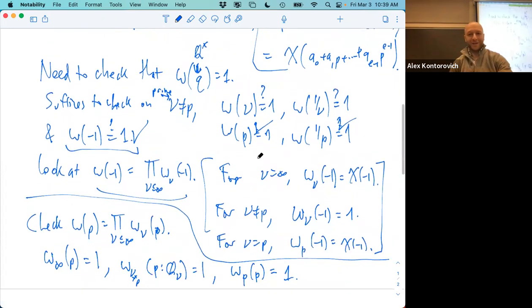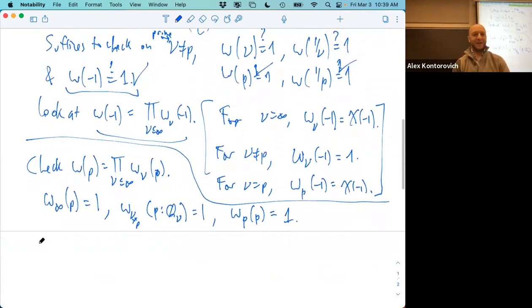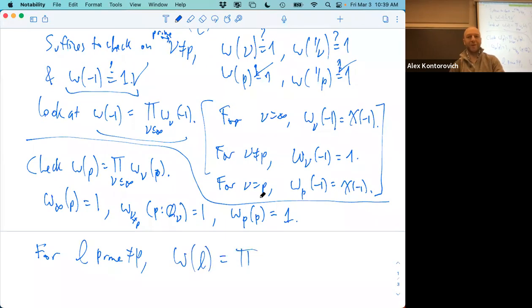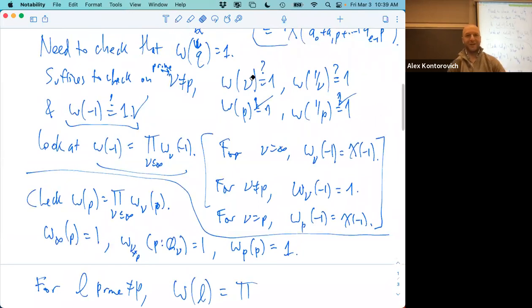Well, there's one thing we have to check, which is what happens at nu. For fixed nu, for an integer, let's call this integer L. For L a prime different from P, what happens to omega of L? It's a product over primes, so let's call this L instead of U. We have to check what happens to these things.